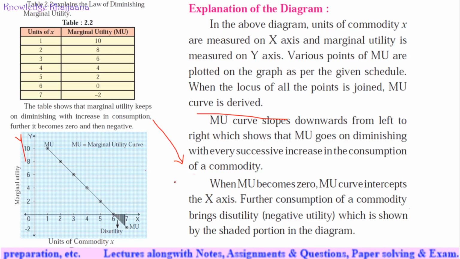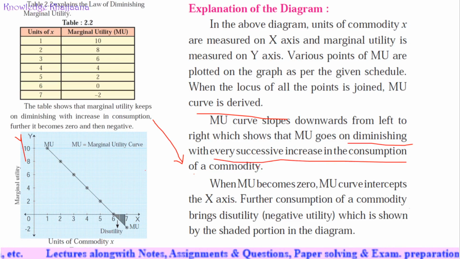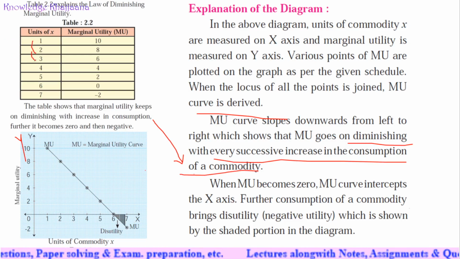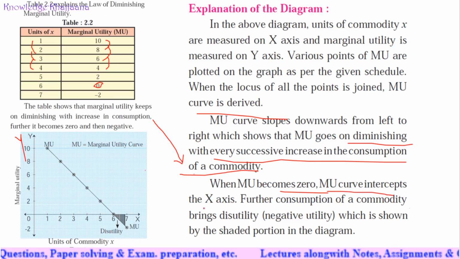This shows that marginal utility goes on diminishing with every successive increase in the consumption of a commodity. When marginal utility becomes 0, the marginal utility curve intersects the x-axis.